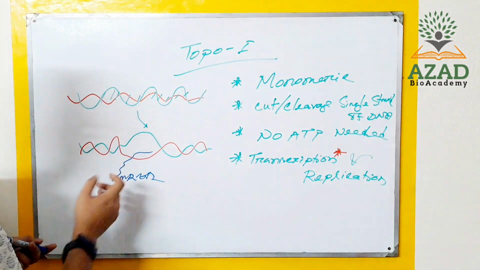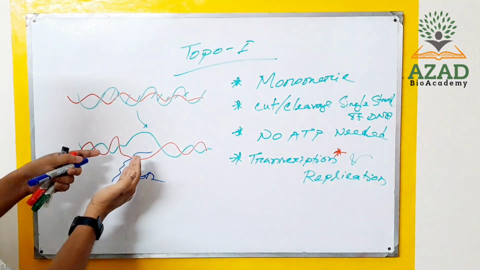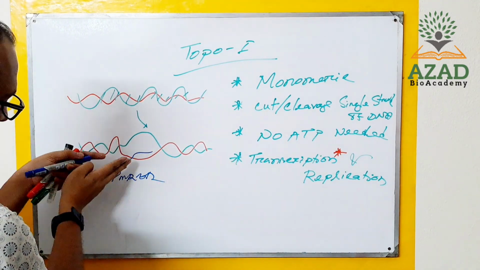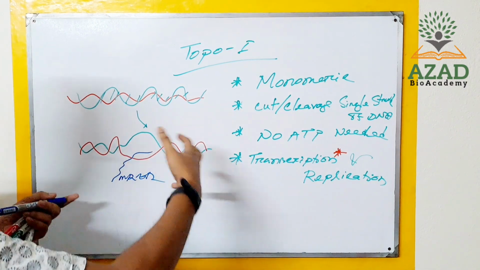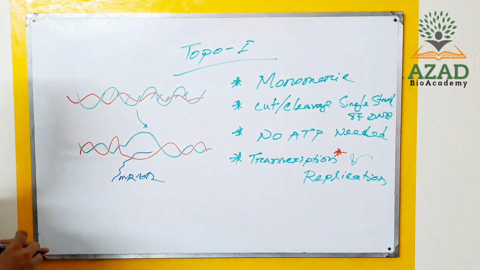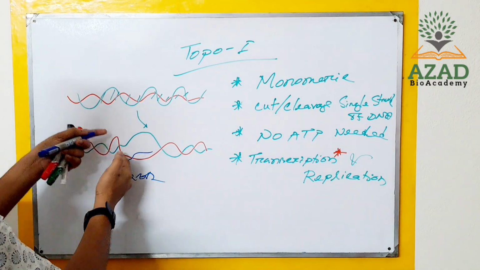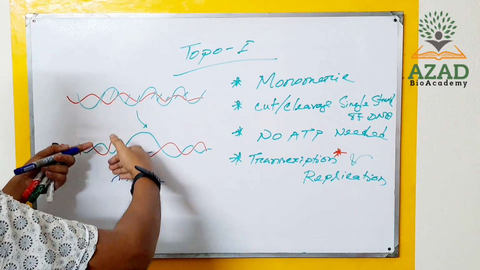So now, where is the role of topoisomerase 1? Basically, in the backward area, the direction of the transcription is 5' to 3'. So when transcription is happening by the polymerase enzyme, then in the backward area the DNA will be negatively supercoiled.